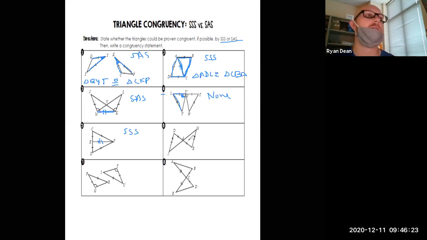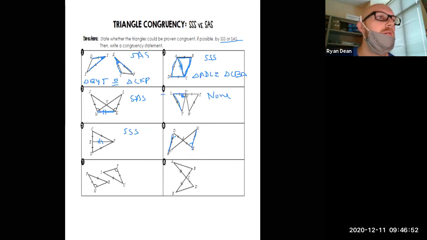Down here, this is one of the ones where you have to use your parallel lines. There are 2 different angles that you can fill in. I need to figure out whether or not these 2 angles are congruent. The way that we do that is, notice that we have a parallel line here, and then we have this parallel line here.